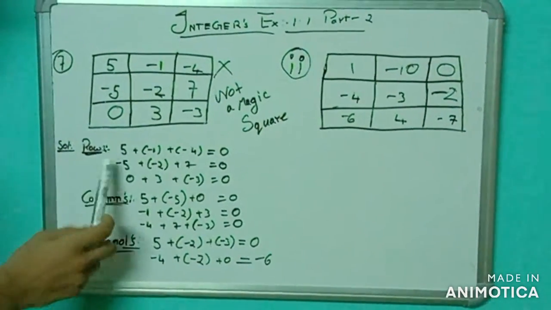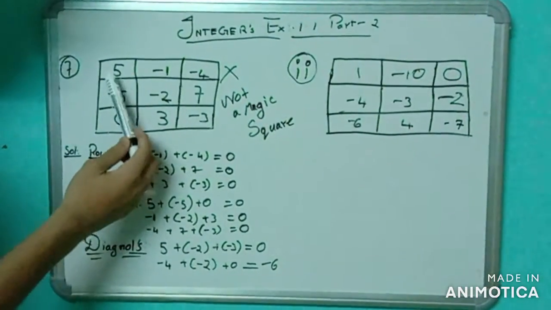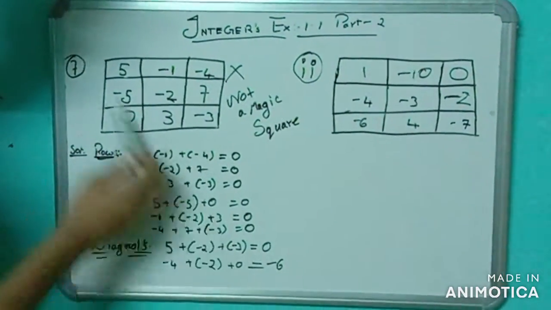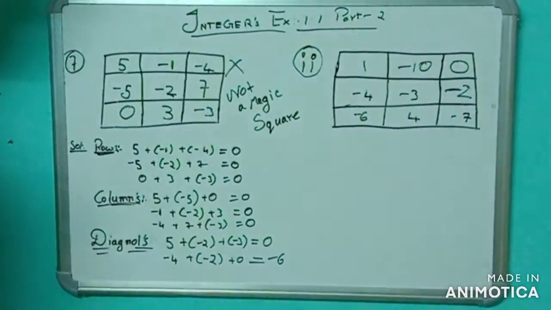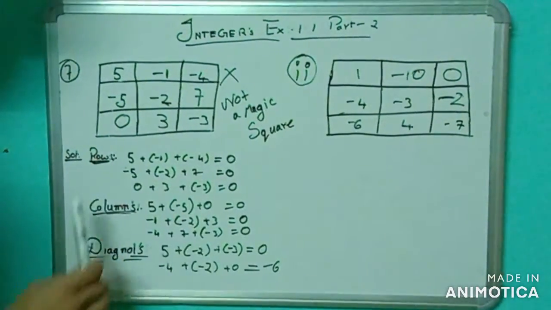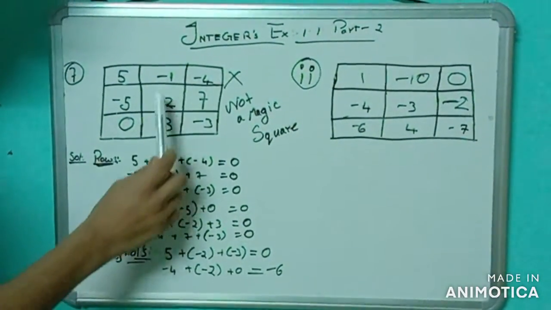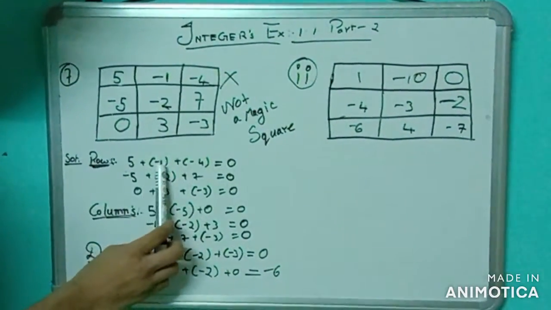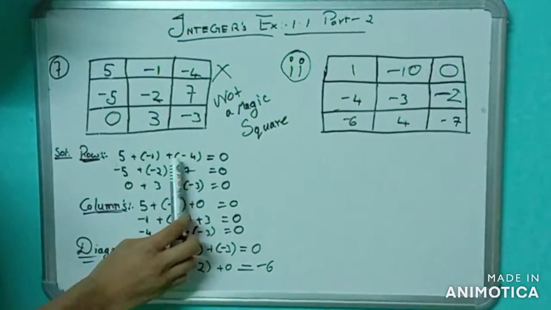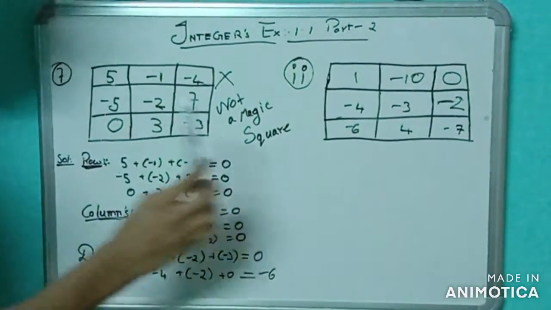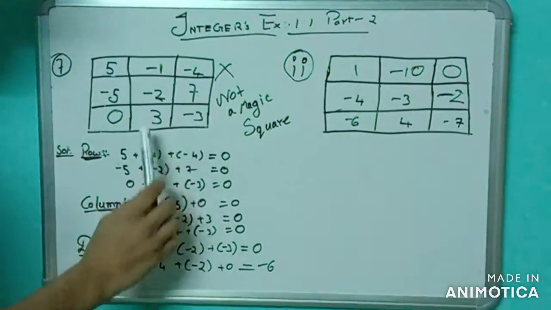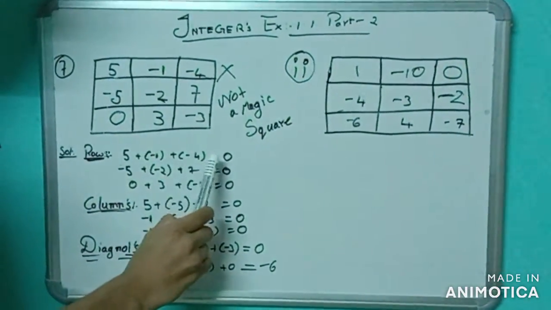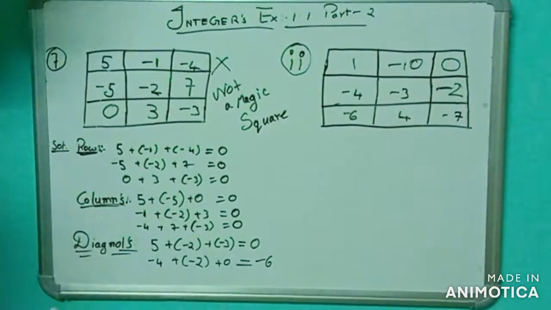Now first we'll get into the rows. What are the rows? Rows are horizontal lines and columns are vertical lines. Now rows: 5 plus minus 1 plus minus 4. Minus 1 plus minus 4 is minus 5. So 5 plus minus 5 is equal to 5 minus 5, which is equal to 0.